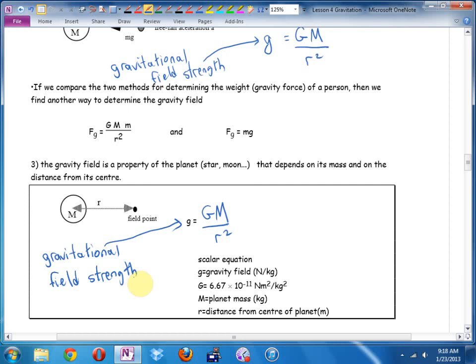This would let you calculate what the gravitational field strength is going to be out at that distance. So if you have some kind of a point, a field point we call it, out somewhere, and you want to know, hey, what's the gravitational field strength? Not what the force of gravity is, because there's no force until I put another mass there. But what the acceleration due to gravity is, what the gravitational field strength is, I can crunch the numbers and find out.